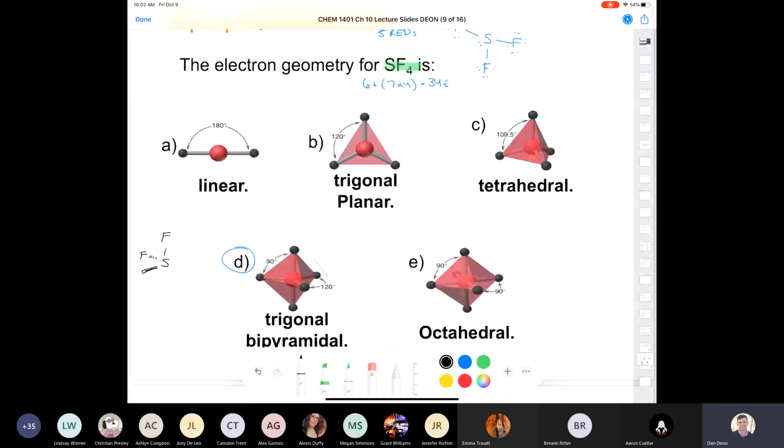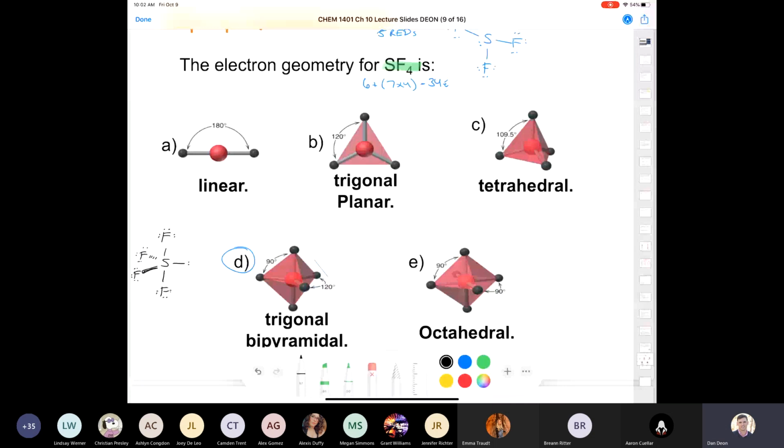Because you'd have to put the lone pair on the equatorial position like that. So again, electron geometry is trigonal bipyramidal, and molecular geometry would be seesaw. Does that help? Yes, sulfur can have an expanded shell because it's in the 3rd period. Anything below the 2nd period.